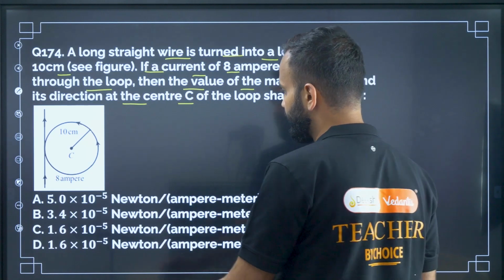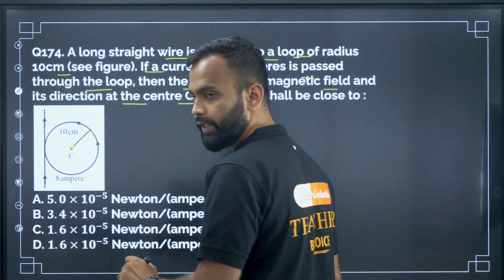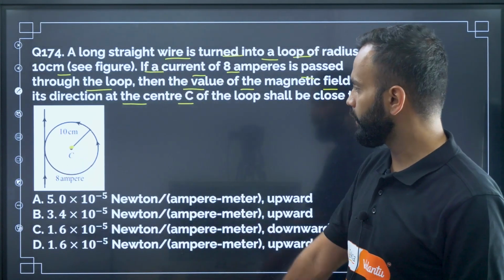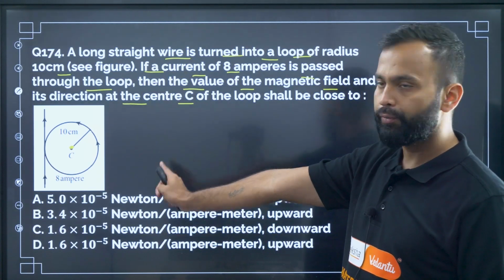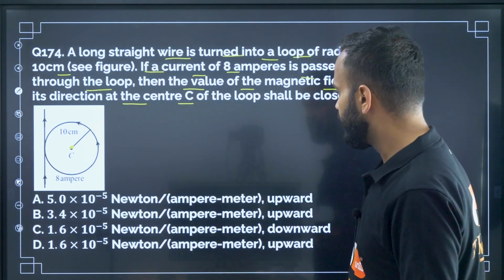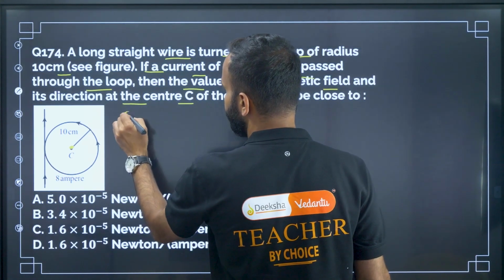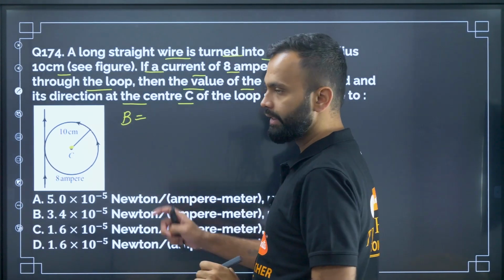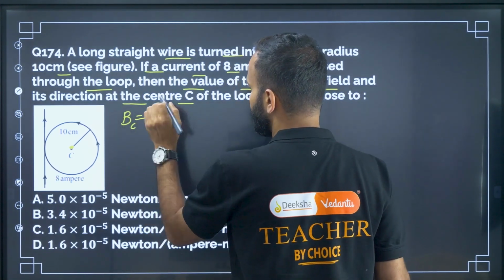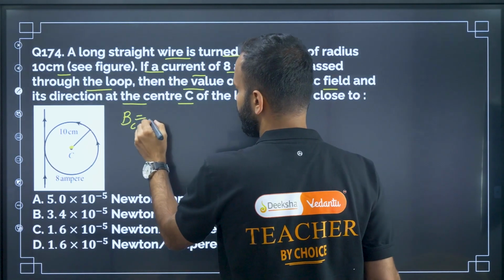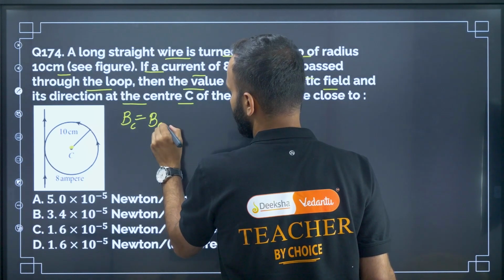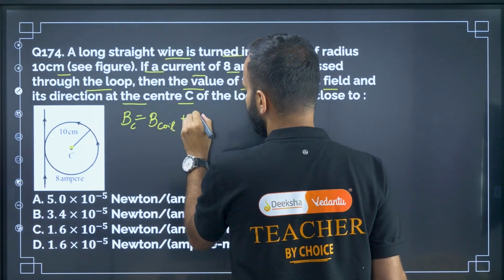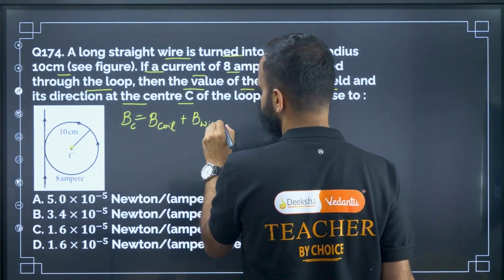At point C, we need to find the net magnetic field, that is, the magnetic field due to the straight wire and the magnetic field due to the circular loop. So the net magnetic field at C is equal to the magnetic field due to the coil plus the magnetic field due to the wire.